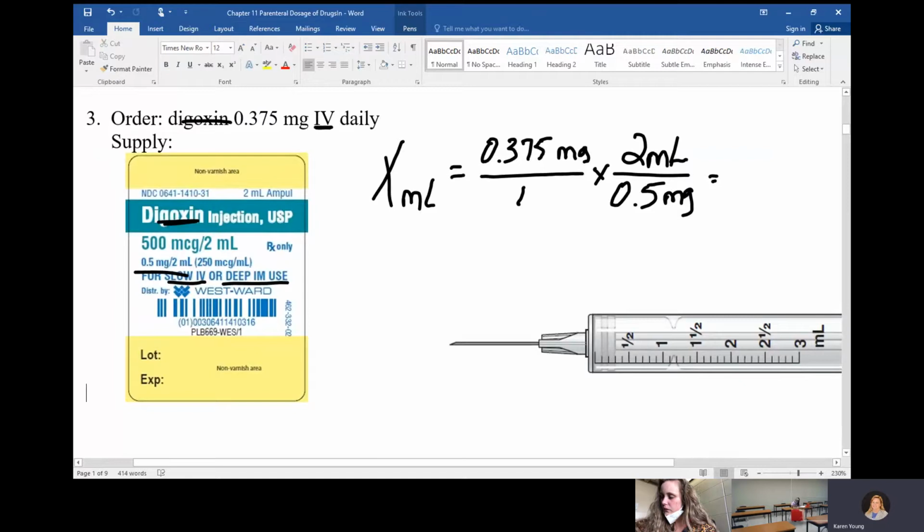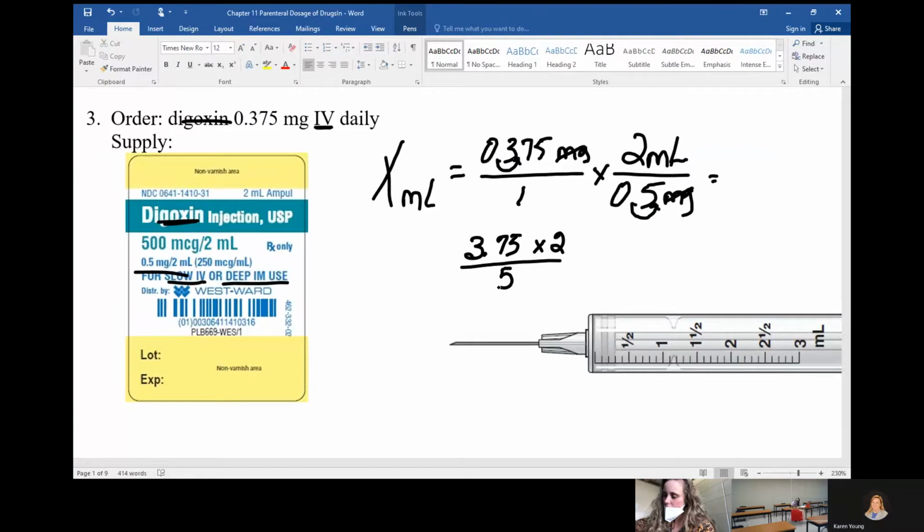Okay, so how many milligrams am I going to give? I have 1 decimal on bottom. I'm going to move it to the right one place. Move my decimal on the top to the right one place. So I have 3.75 milligrams canceled times 2 over 5. I don't see anything that cancels.